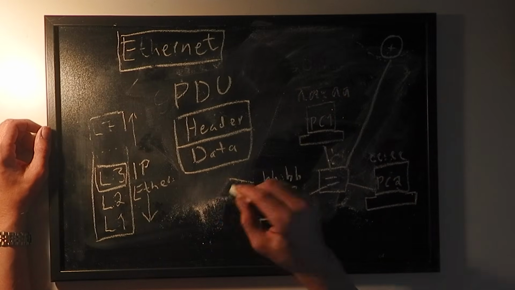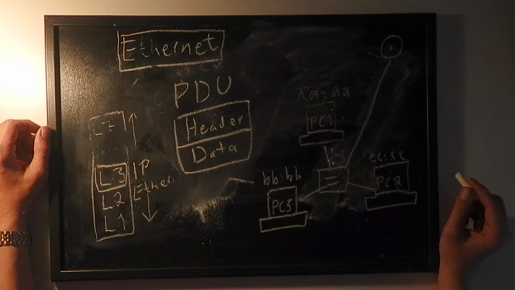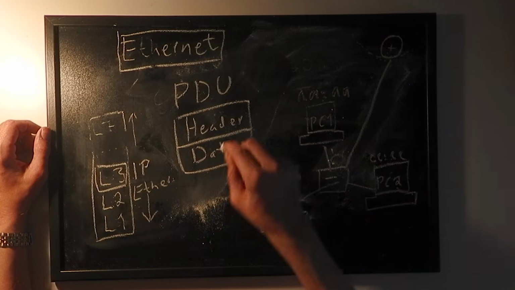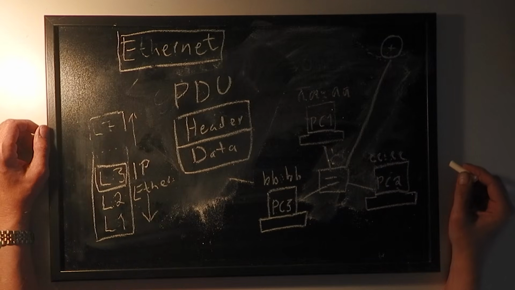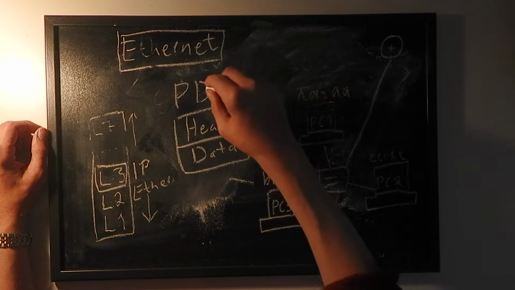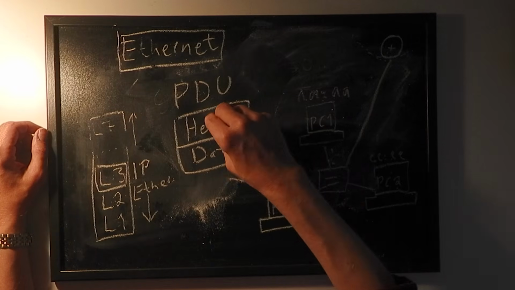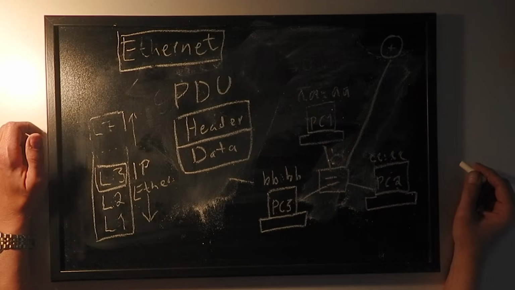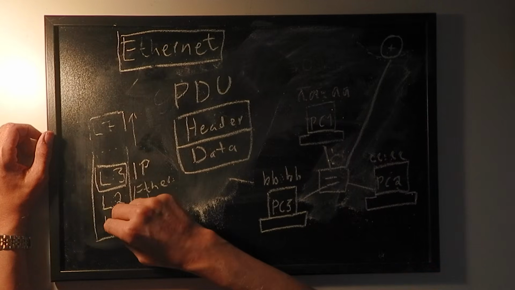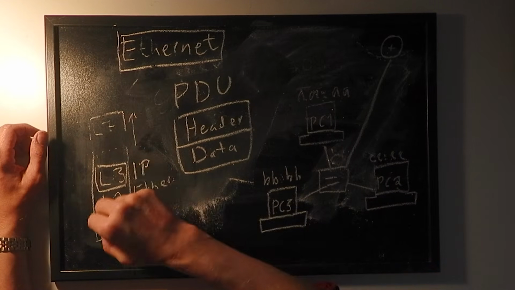On layer 3, for instance, it might contain IP addresses, and on layer 2, it might contain MAC addresses of the source and the destination. So using this PDU format with a header and data, we have some consistent way of talking about these things among the different protocols on the different layers.